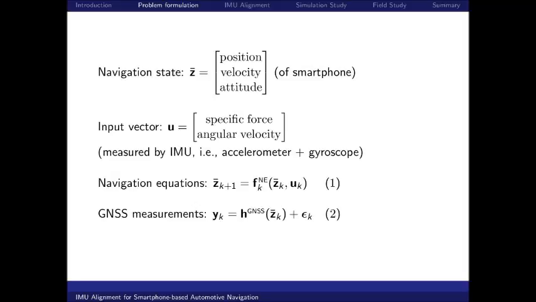We are now ready to formulate our state space model. The state equation, equation 1, describes the time development of the navigation state. These equations are also called the navigation equations. And the measurement equation, equation 2, describes how the GNSS measurements depend on the current navigation state.